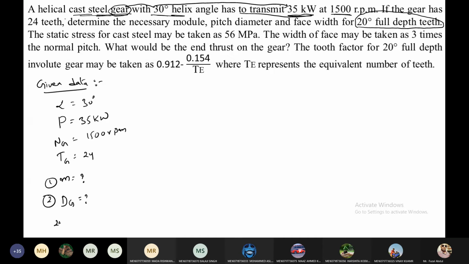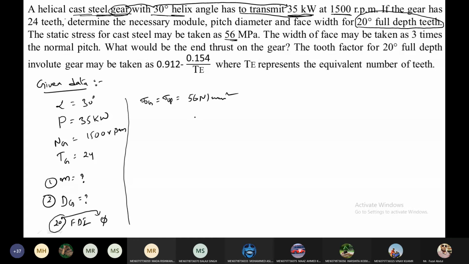So in full depth involute system, the 20 degrees is the pressure angle. Here I am writing pi. Static stress for the cast steel may be taken as 56. So both are made of same material, for the gear and for the pinion, both are 56 megapascal, Newton per mm square.